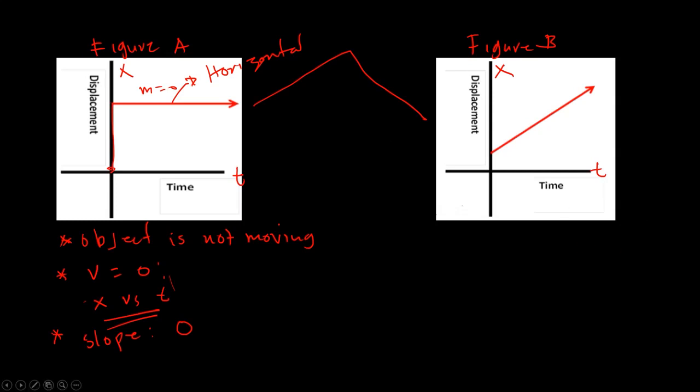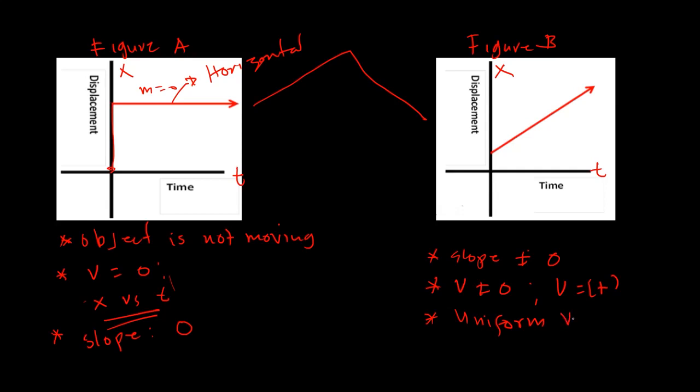And for figure B, the slope is obviously not equal to 0. Meaning to say, our velocity here is not equal to 0. Instead, velocity here is positive. Why positive? Because the line here is increasing, but at uniform velocity. Meaning to say, the velocity is not changing.